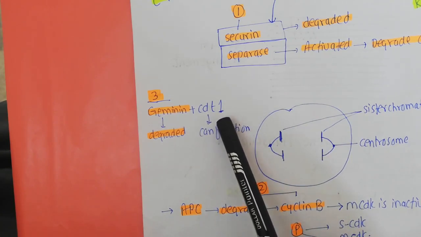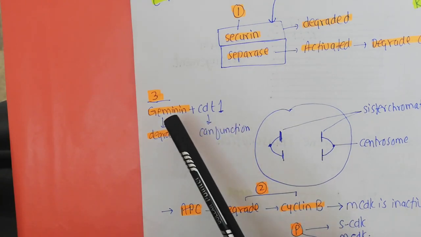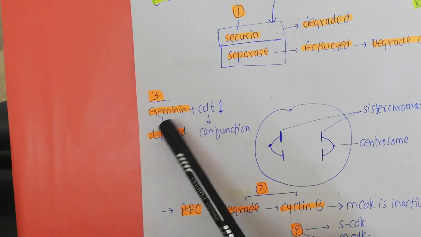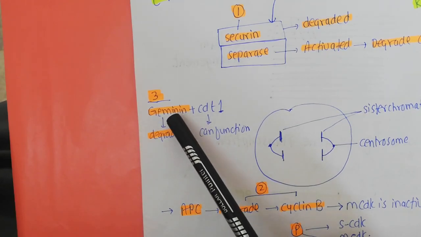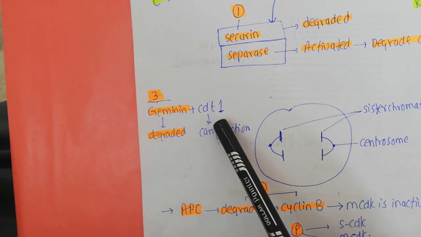But CDT1 was actually inhibited by its interaction with another protein, that was geminin. Now the Anaphase Promoting Complex goes for the degradation of geminin in a ubiquitin proteasome dependent manner, and when geminin is degraded, that means that CDT1 is now available for the next round of the cell cycle.